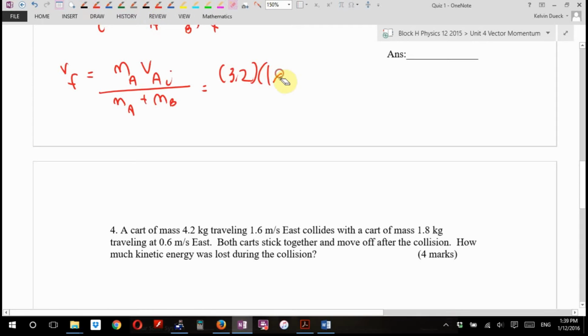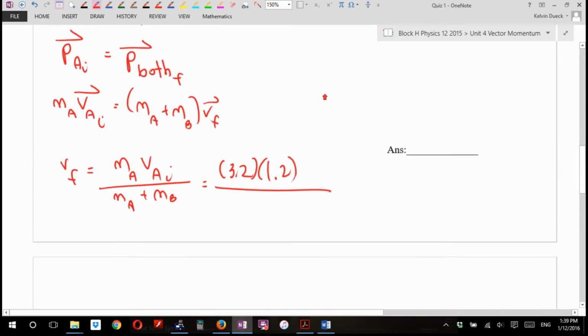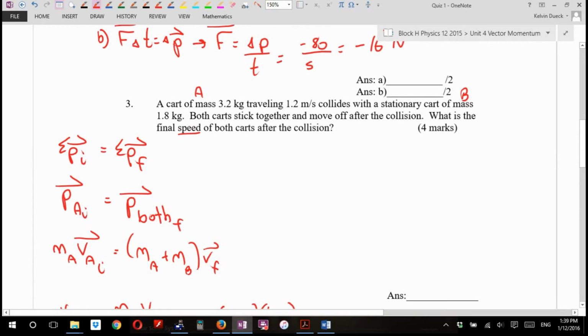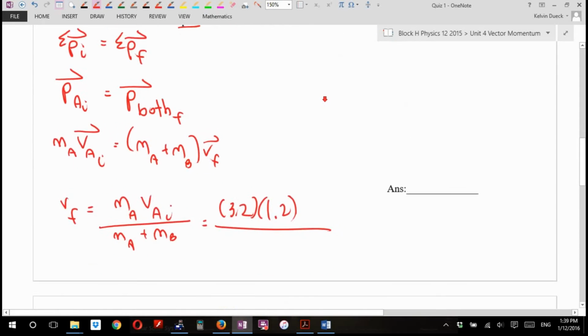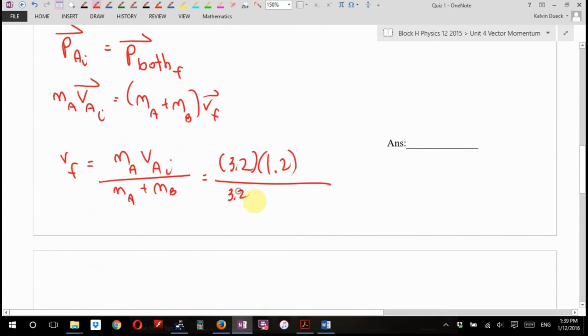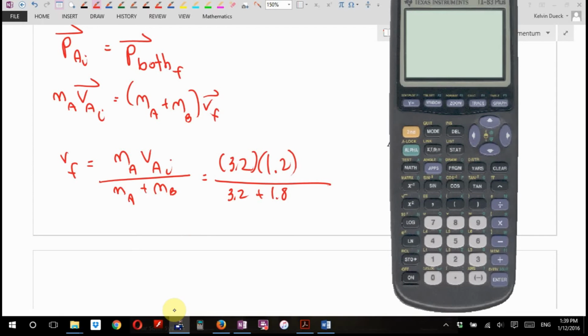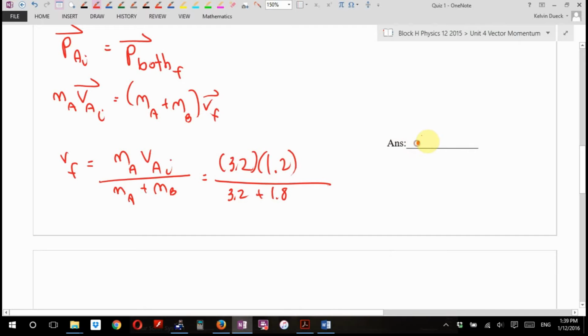Well, the battery's dying on this thing, but I'm trying to get a little more life out of it. 3.2 and 1.8. Is it 0.764? 6.8? That was totally going from memory. I didn't do that one in my head. Meters per second.